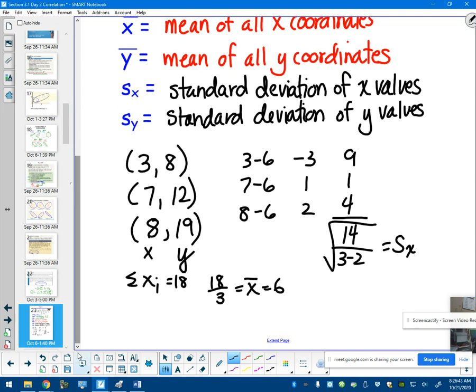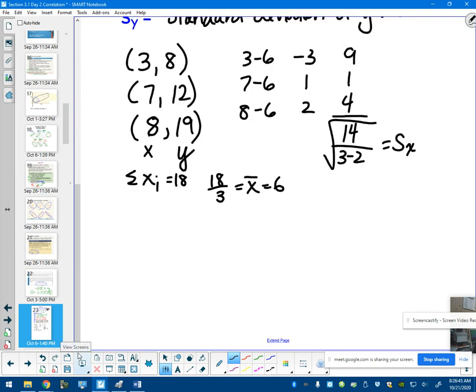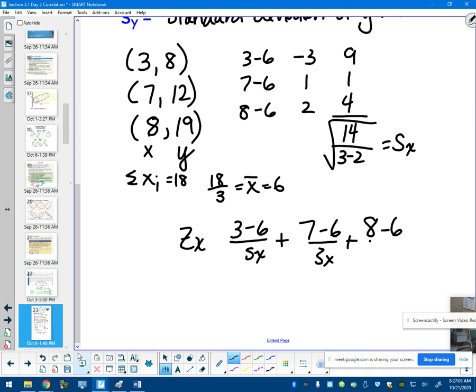Then you would have to come back and take that s of x value and find the z-scores of all the x's. So he would have to do 3 minus 6 divided by s of x, plus 7 minus 6 divided by s of x, plus 8 minus 6 divided by s of x. Actually, that's not what he does, because this has to get multiplied by whatever the 8 minus the y bar is.